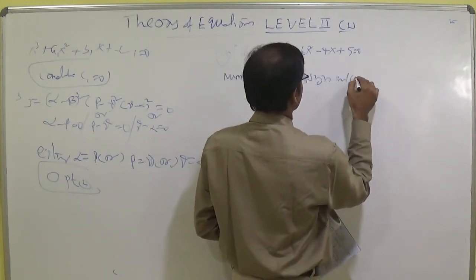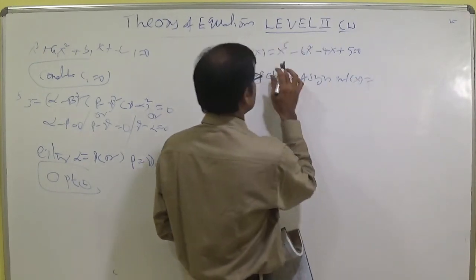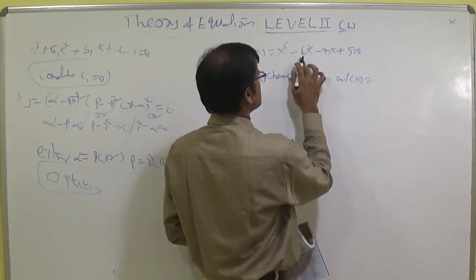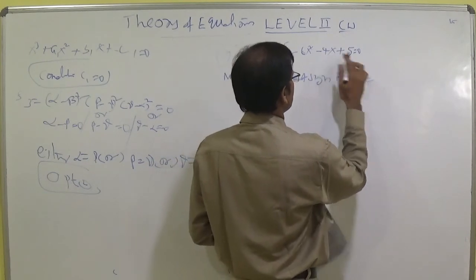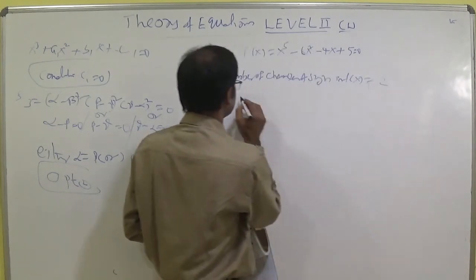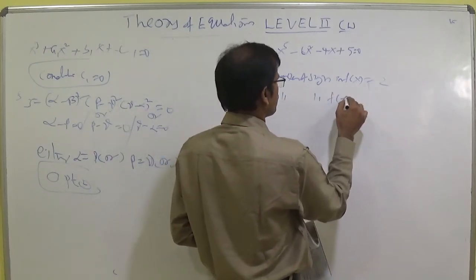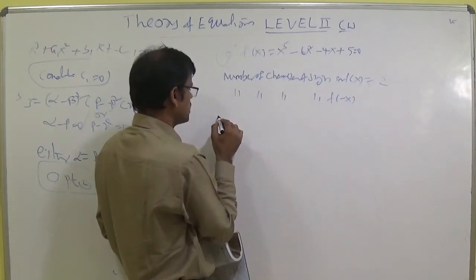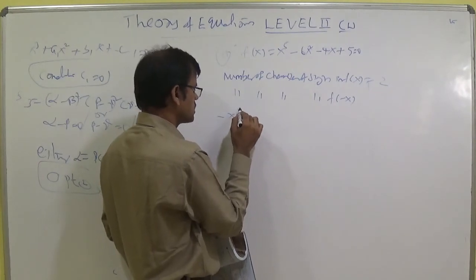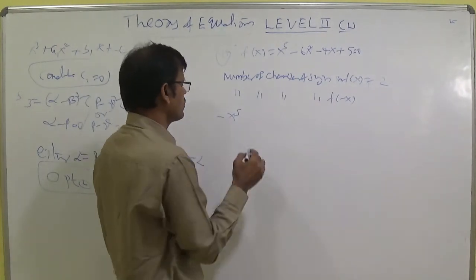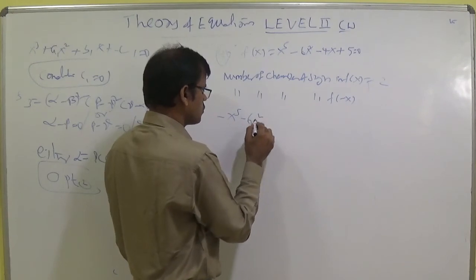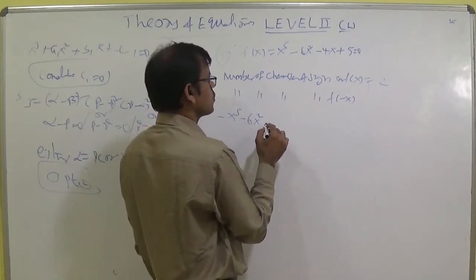Number of changes of sign in f of x: here plus 2 minus is 1 change, minus 2 minus is no change, and minus 2 plus is 1 change, so 2 changes. Next, number of changes of sign in f of minus x. Consider here minus x whole power 5 becomes minus x power 5, and this is also no change because it is minus x whole square.